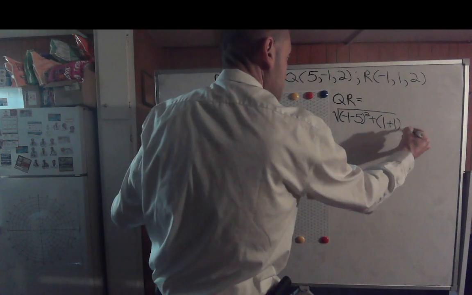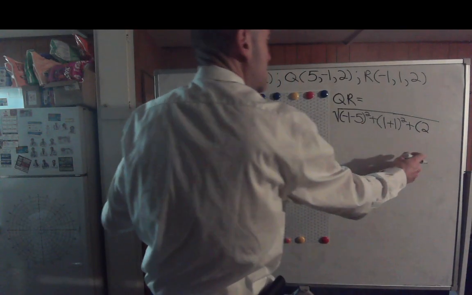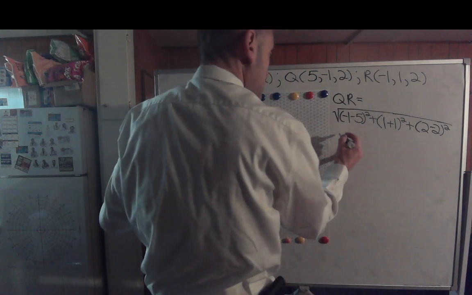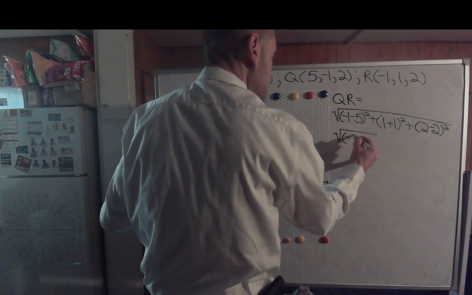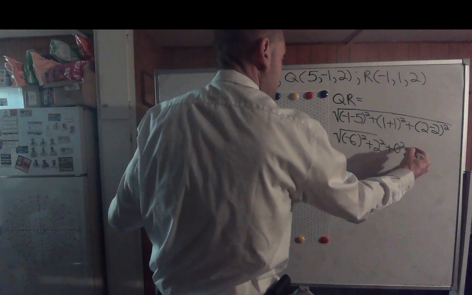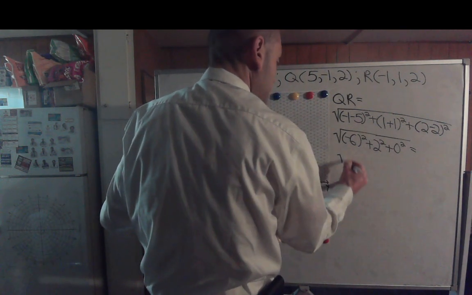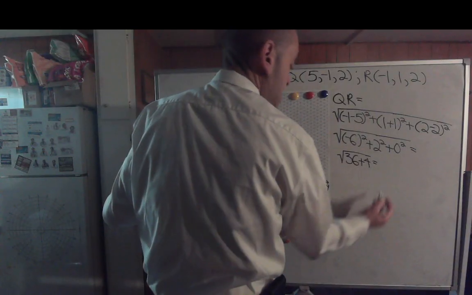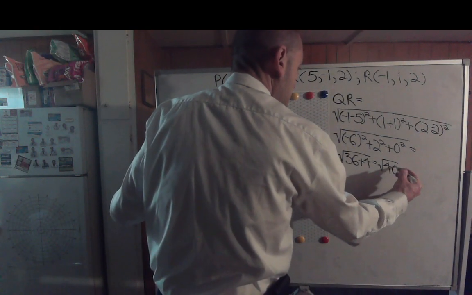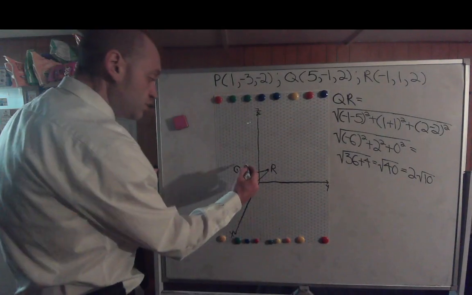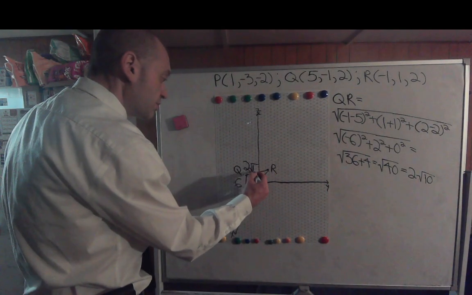This would turn into 1 plus 1 squared, plus the z2, which is going to be 2, minus z1, which is also 2, so 2 minus 2 squared. Well, this would simplify into -6 squared plus 2 squared plus 0 squared, which would end up giving me the square root of 36 plus 4 plus 0, which is just the square root of 40, which would simplify into 2 times the square root of 10. So QR has a length of 2 times the square root of 10.